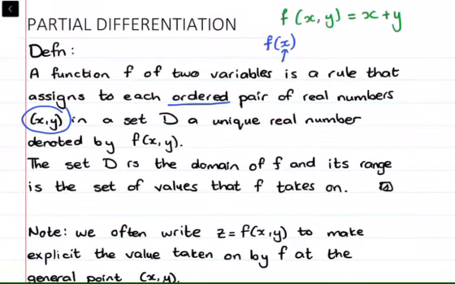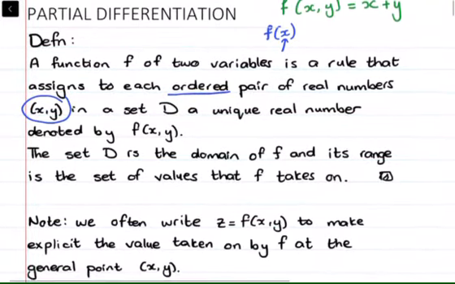Then the set D is the domain of f, and its range is the set of values that f takes on. We note that we often write z is equal to f of x, y to make explicit the value taken by f at the general point x, y.